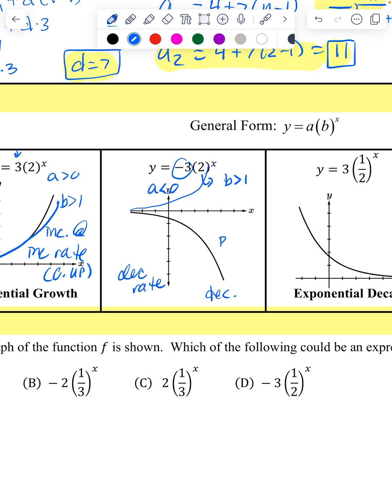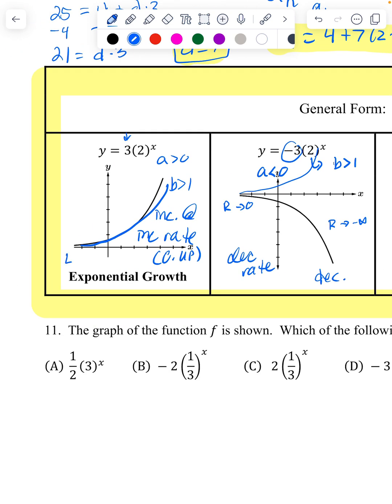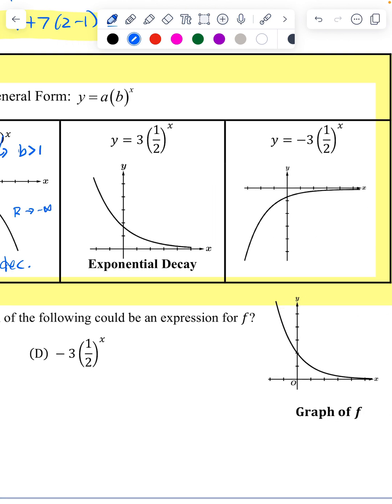Keep in mind that this right end is approaching negative infinity. This right end is approaching 0. With these exponentials, one of the ends is always approaching 0. Here my left end is approaching 0 and my right end is approaching infinity. Be able to understand and express that, whether they call the right end x is increasing without bound, or they write it as the limit of the function as x approaches infinity.